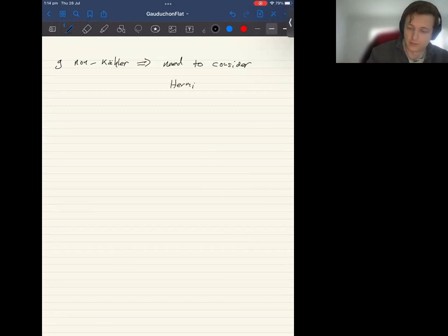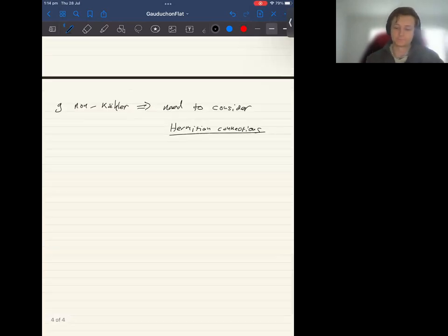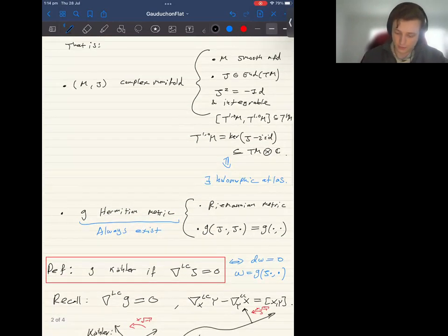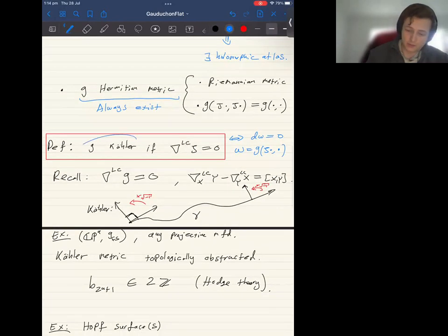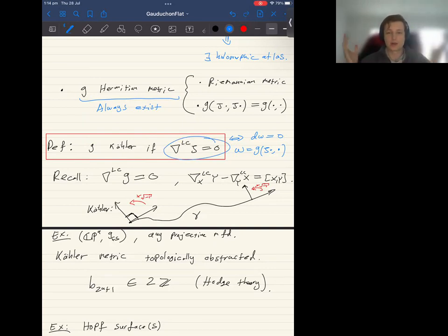So I'm going to call these Hermitian connections. Okay, so recall that Kähler is just defined by the complex structure being parallel with respect to the Levi-Civita connection. And if it's non-Kähler, well, then we lose this. So now the Levi-Civita connection is a pretty terrible connection for non-Kähler Hermitian geometry.